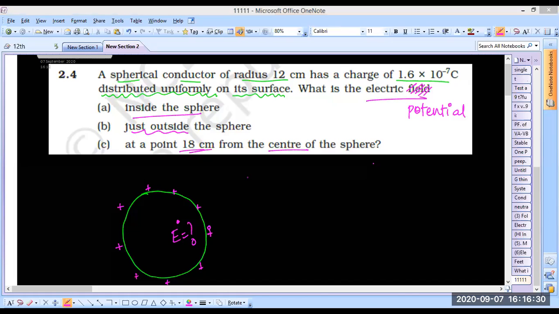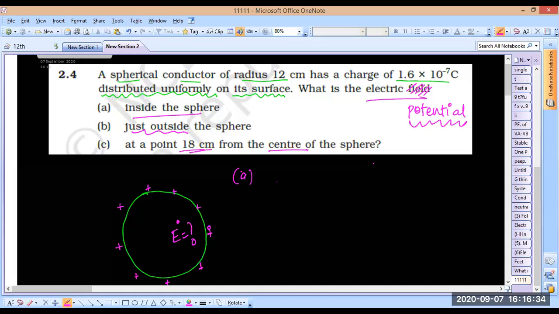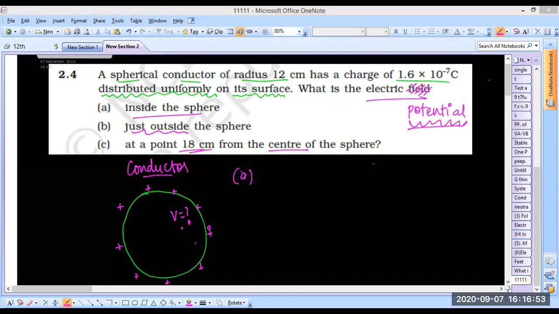So let's start with A. Potential, don't forget, potential inside the sphere, over here anywhere, right? What is V? See, this is a conductor. What is the property of potential for a conductor? Do you remember that? It is equipotential, all right, but how much is that potential? It is uniform everywhere, it's same everywhere, agreed. How much?